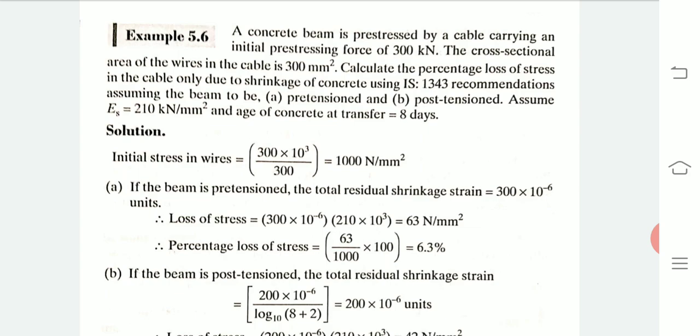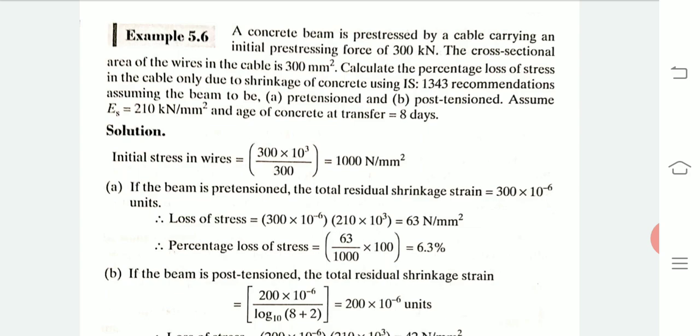Calculate the percentage of losses of stress in the cable only due to shrinkage of concrete. First case is the beam is pre-tensioned, second case is the beam is post-tensioned. Elasticity of steel is given and age of concrete at transfer is 8 days.